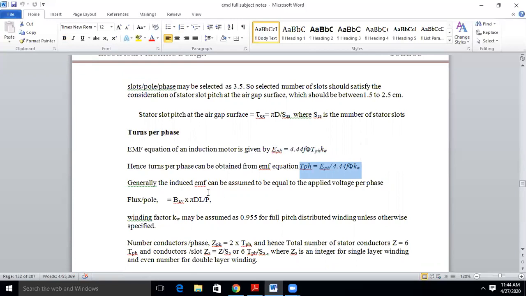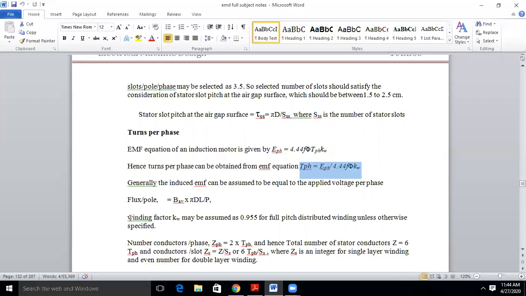Generally, the induced EMF can be assumed to be equal to the applied voltage, which we already discussed in the output equation. So now it is the applied voltage per phase. The flux per pole is equal to B average into pi D L divided by P.